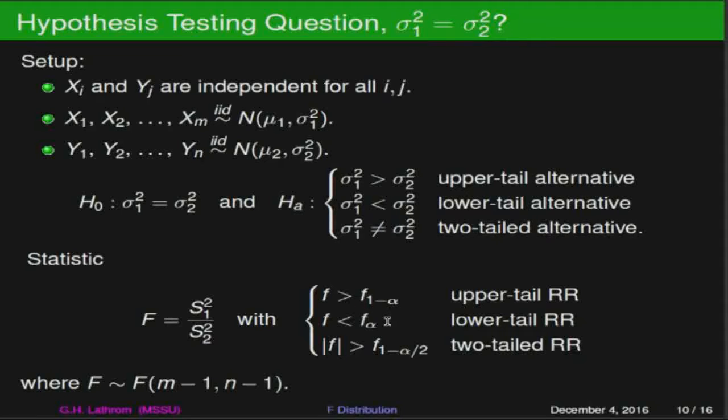For the lower tail, F is less than F sub alpha, and for the 2-tailed test we have the absolute value of F being greater than F sub 1 minus alpha over 2. And remember that our F statistic is going to have an F distribution with degrees of freedom of m minus 1 for our x's and n minus 1 for our y's.